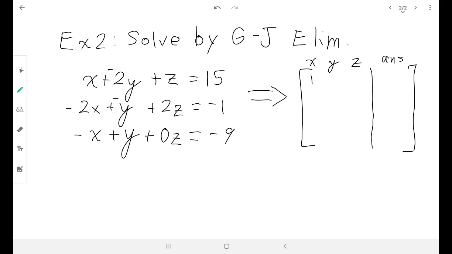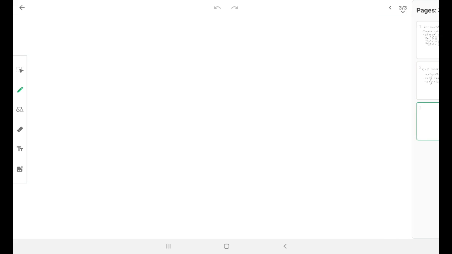So that'll be 1, negative 2, 1, 15 is the first equation, negative 2, negative 1, 2, negative 1 is the second equation, and the negative 1, 1, 0, negative 9 is the last equation. And so I'll start a new board, and we can start working row operations from there.